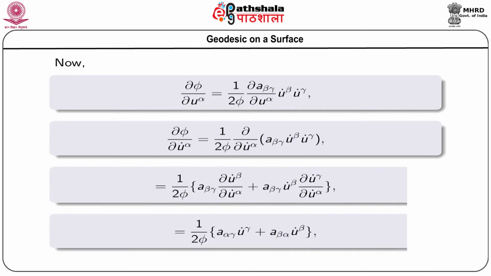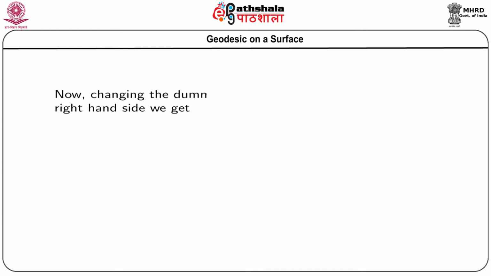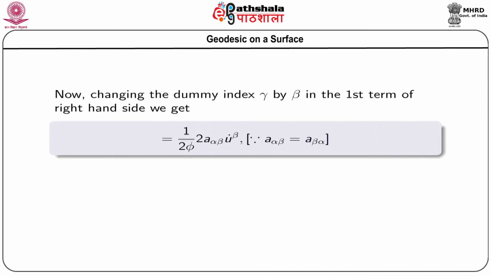This comes to the form 1/(2φ) (a_αγ u̇^γ + a_βα u̇^β). Now, changing the dummy index γ to β in the first term of the right hand side, we get 1/(2φ) times 2 a_αβ u̇^β.